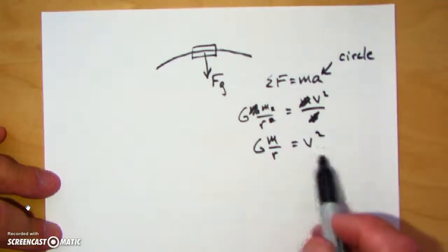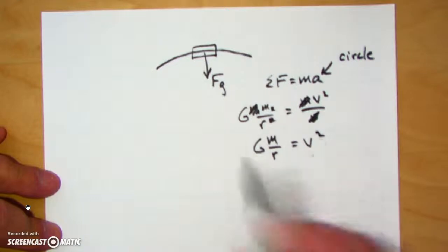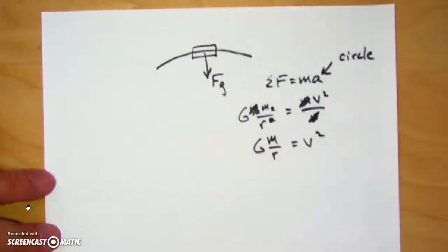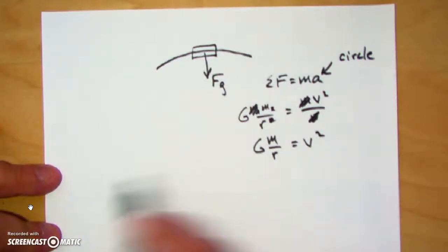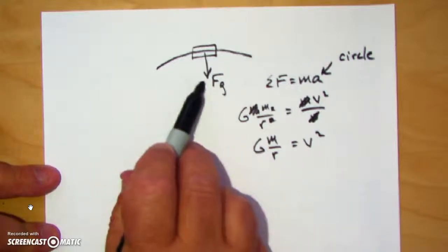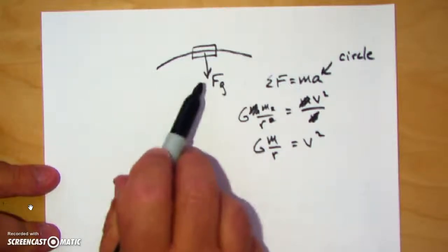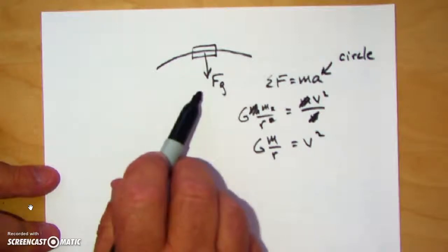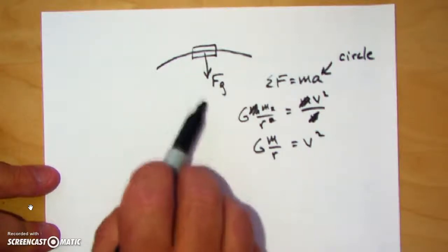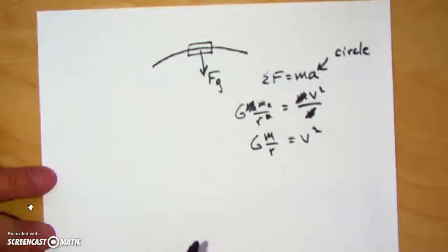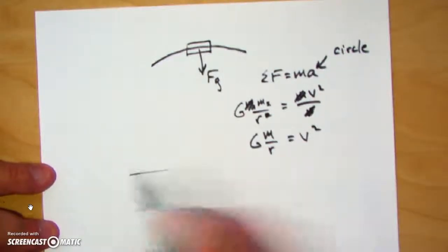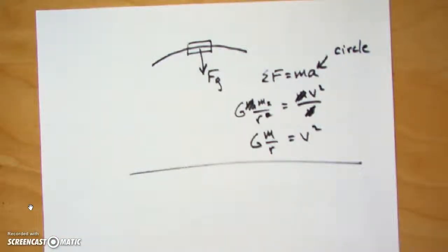So that will give you the speed at which you need to move. Now we're going to play with this a little bit more in the future. I just wanted to show you now that in this case the weight actually supplies a centripetal force that causes the object to move. So that's kind of a neat thing. We'll play with this a little bit more in the next video. Hope this helped.